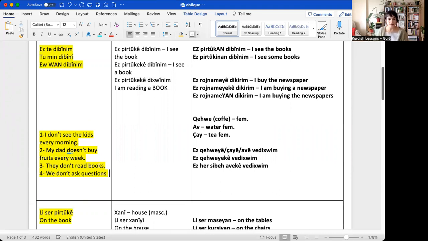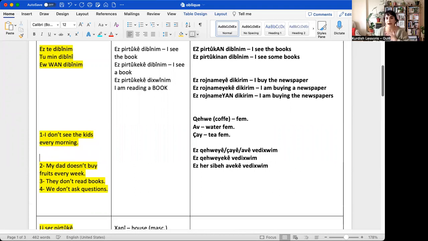So for the first one, subject is I. So as, what is the verb? It is to see, and negative form is nabinum, as nabinum. So, subject and then adverb, harsbah, every morning, and object. It is the kids.